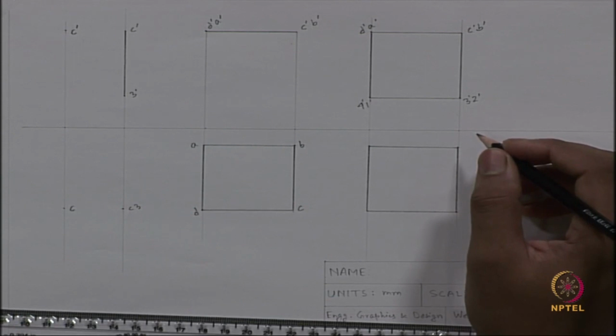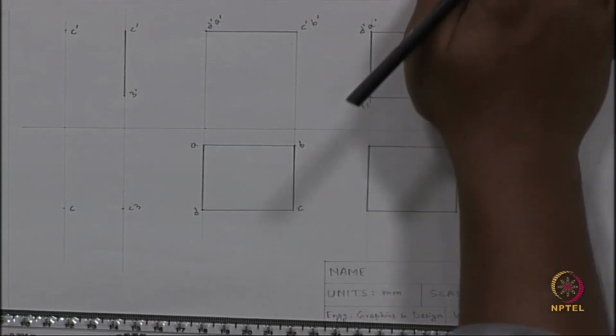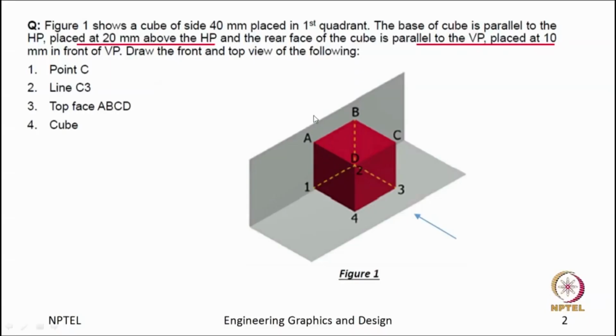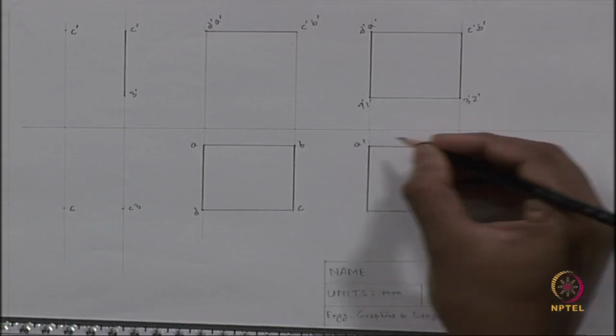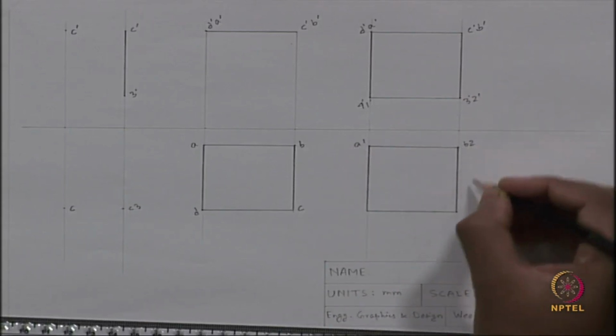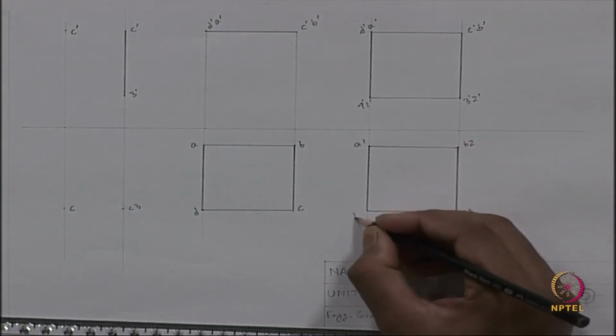For the top view, similarly, if we look from the top, first A will come for this point and then 1, for this B will come first, then 2, for this C, then 3, and then D and 4. Mark these points as A1, B2, C3 and D4.